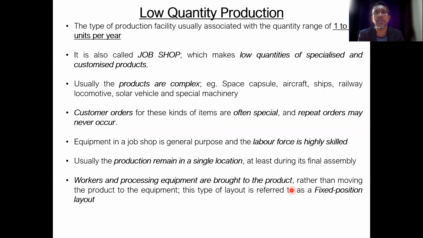For low quantity production, we also call this job shop production, which refers to making low quantities. In job shop production, they always have a specific machine, specialized tools to customize the product.